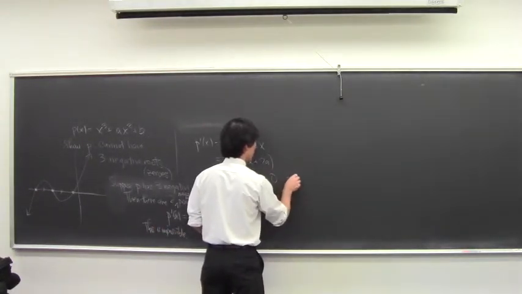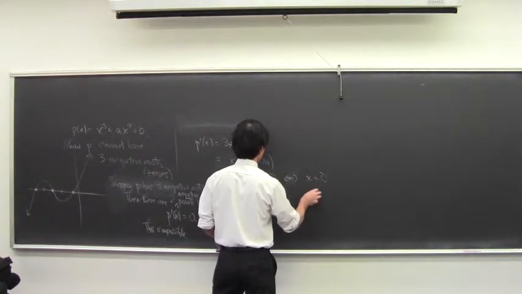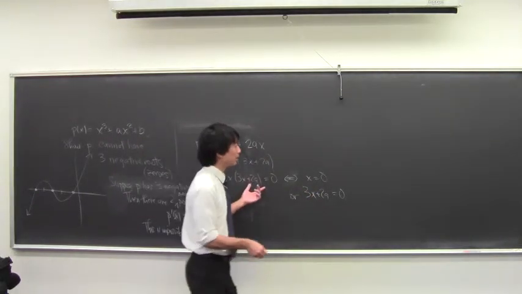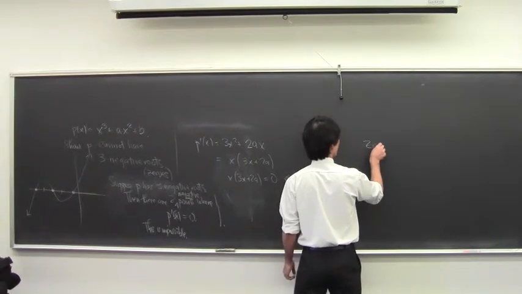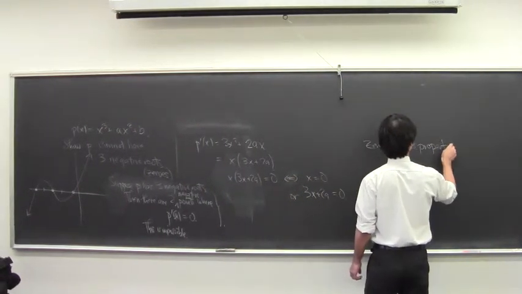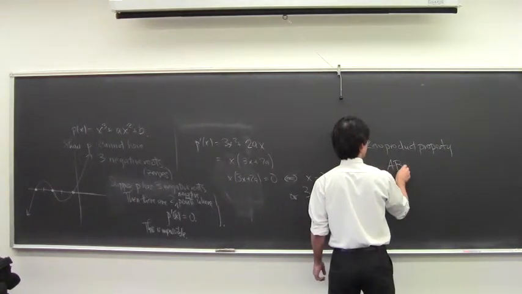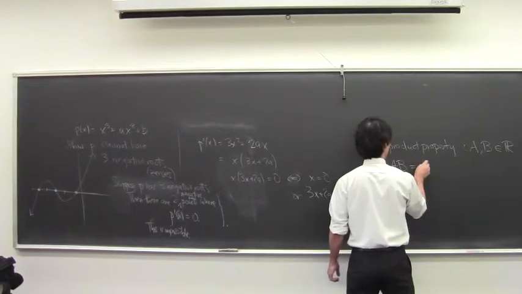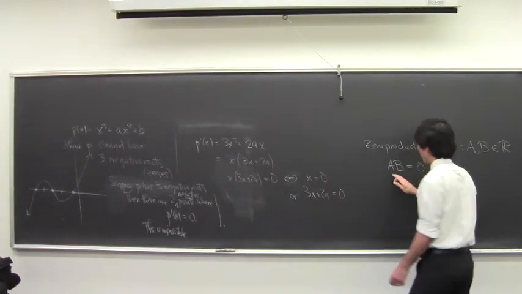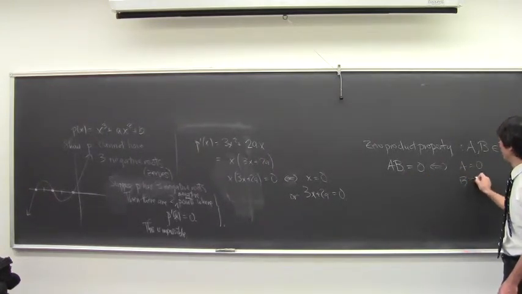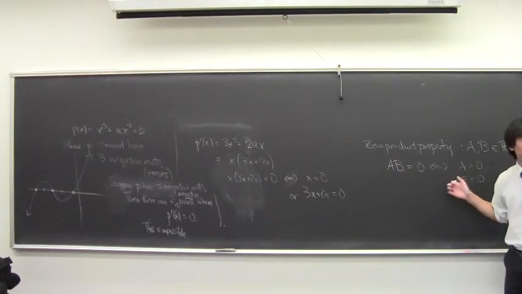This will be equal to 0 if and only if x is equal to 0 or 3x plus 2a equals 0. The reason is something called the zero product property: if you have two numbers, then the only way that you can get a 0 is if one of them is 0, right?